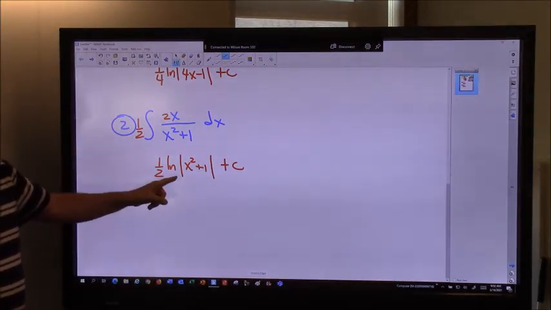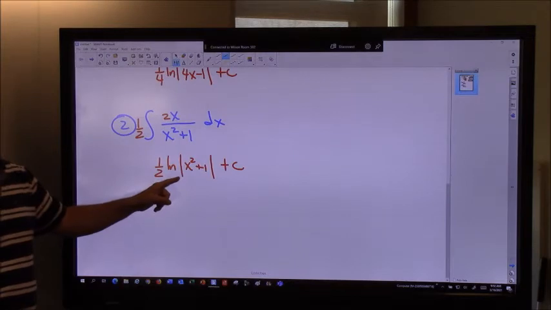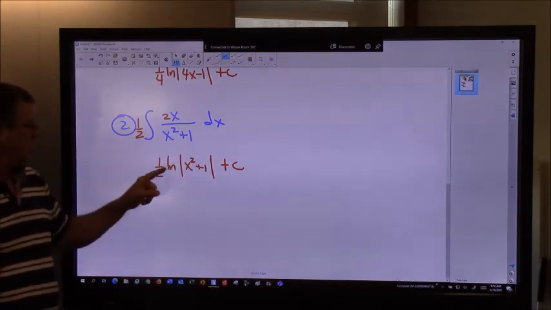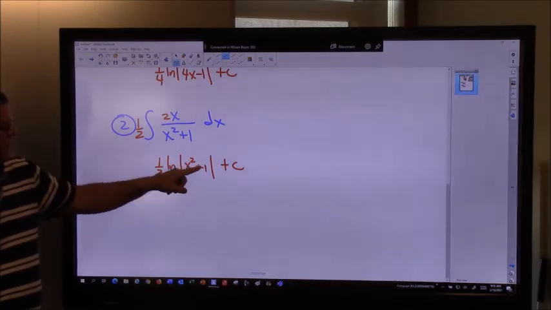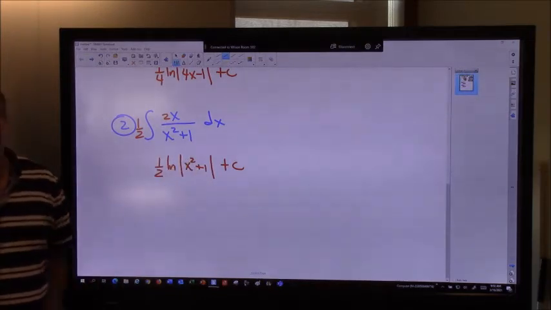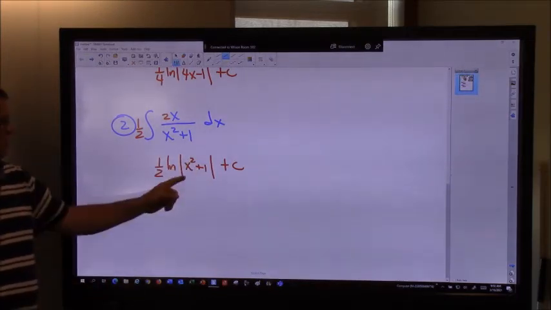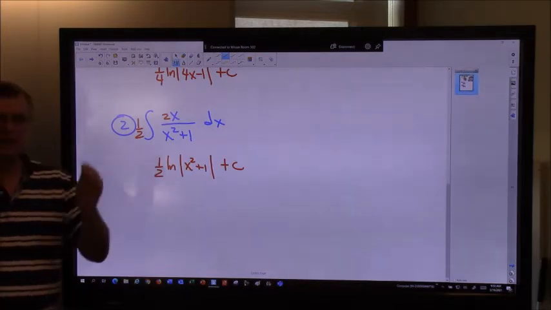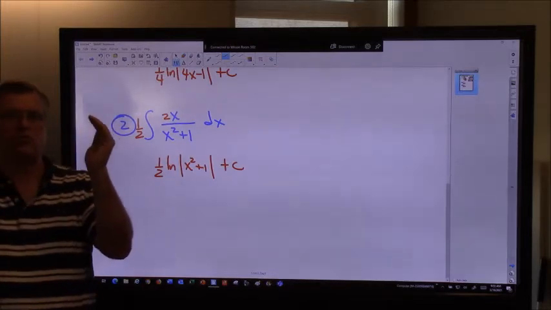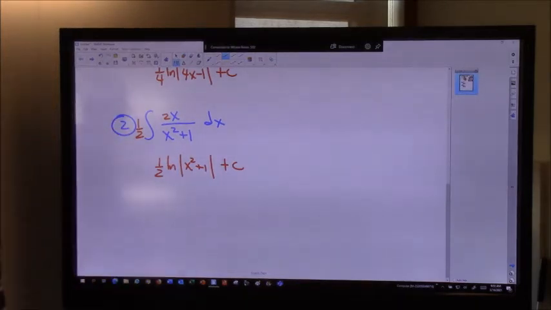Now, this is one where I could have left the absolute value signs off. I could have just put parentheses, because when you square a number, that's positive. Add 1 to it, you just made it more positive. So there's no way you can make this negative. So we could have said natural log and then in parentheses x squared plus 1 and been okay.